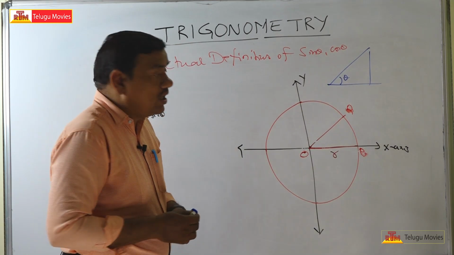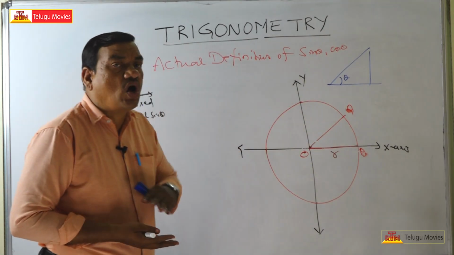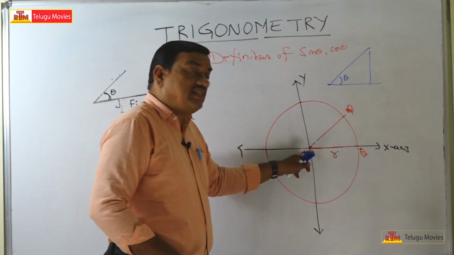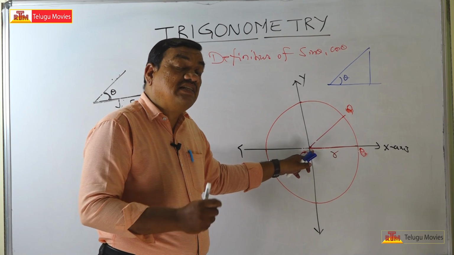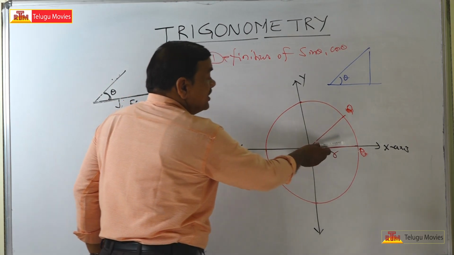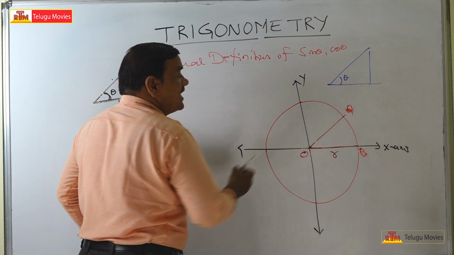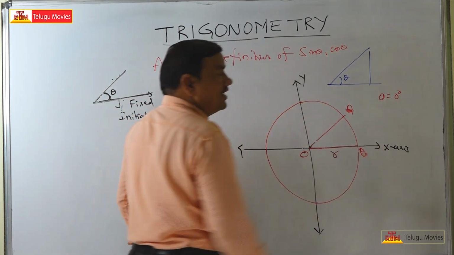Let us consider all our argument is in the anti-clockwise direction. The first thing you tell is the angle formed at the center is from 0 to how much? The minimum angle is 0 degrees. That means if OQ coincides with OP, the angle theta is equal to 0 degrees, no angle.